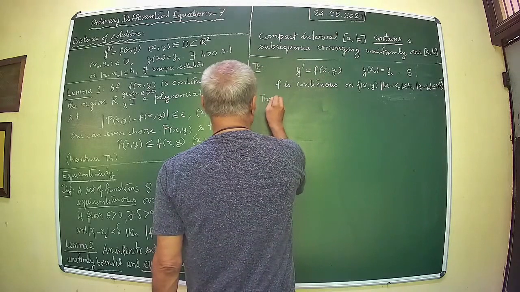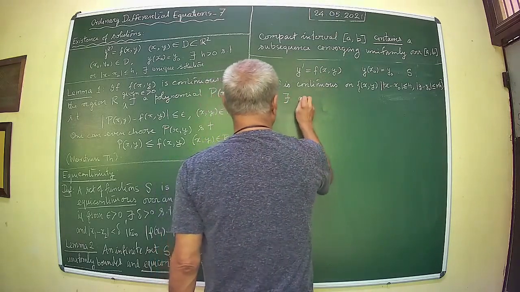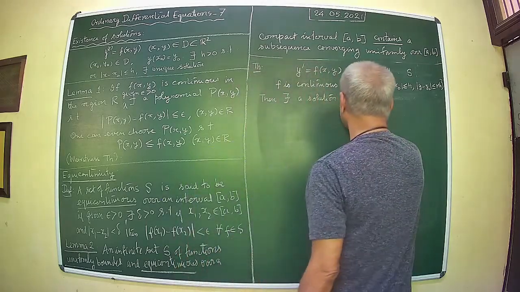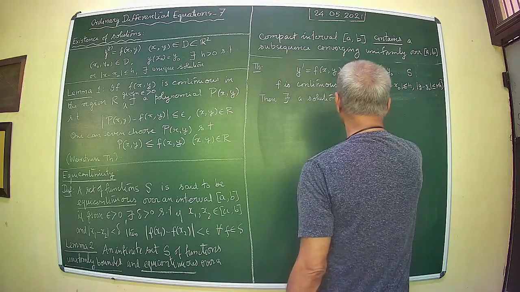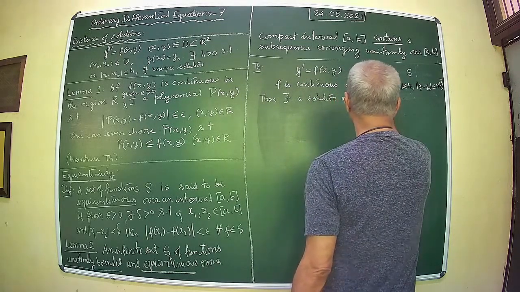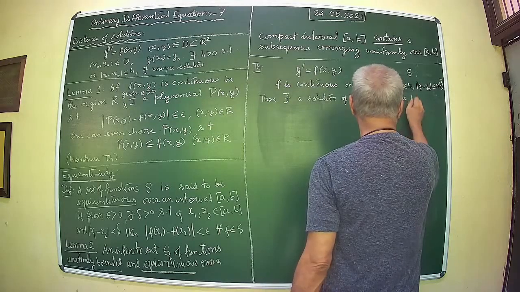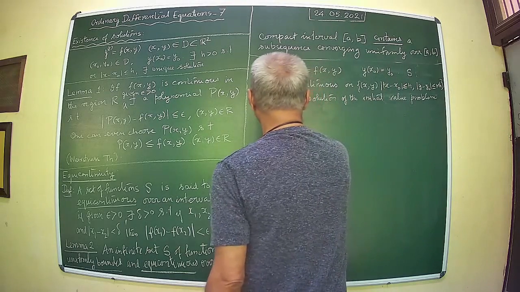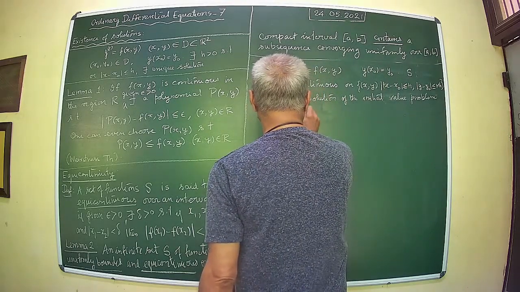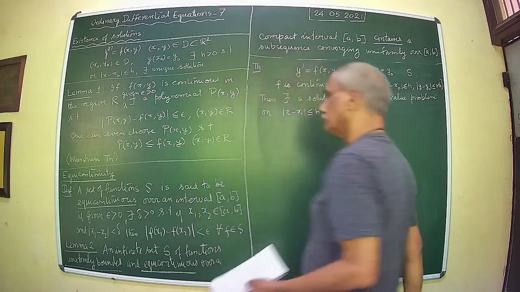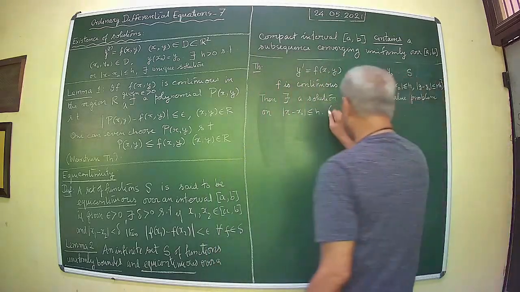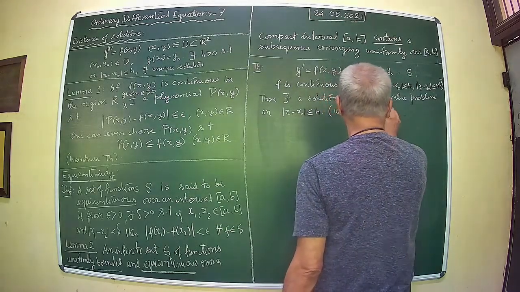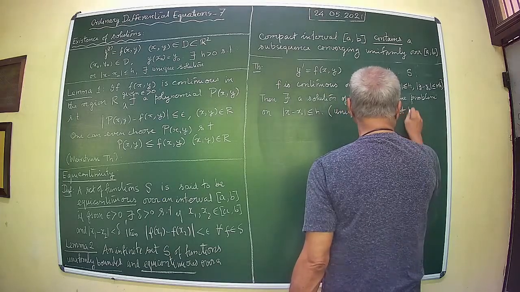Then there exists a solution of the initial value problem, but this is where uniqueness cannot be assured.